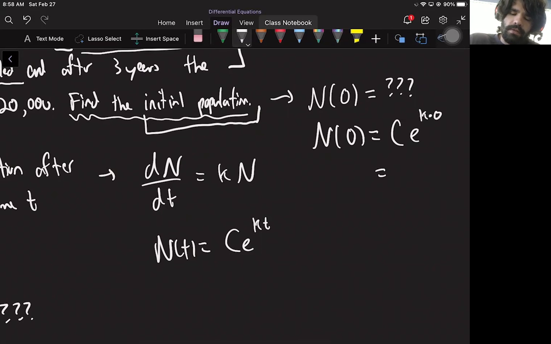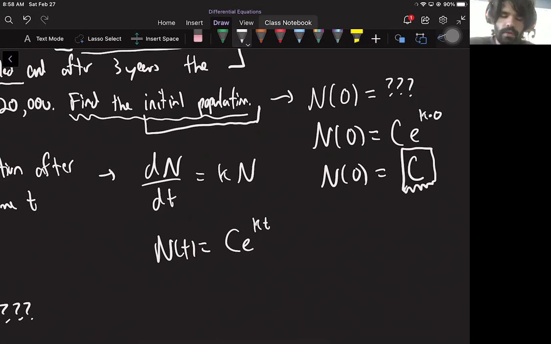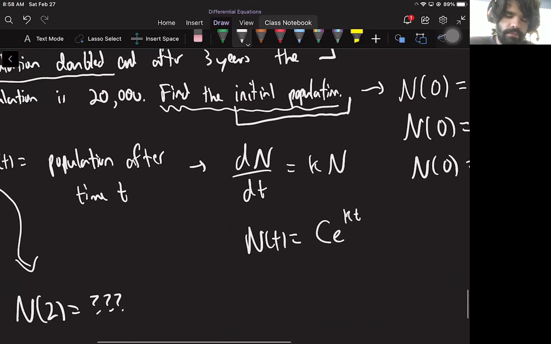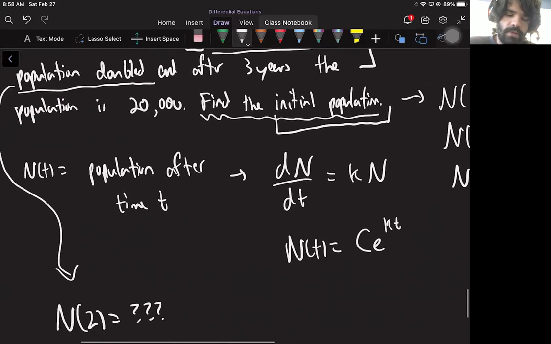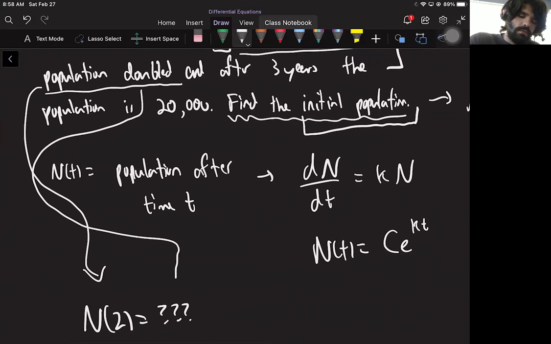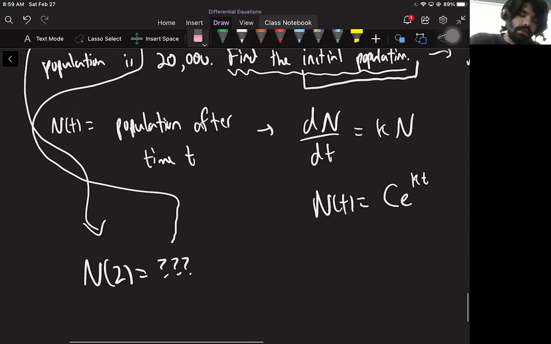I can get that n of 0 is just c. So really what I'm looking for when I say find the initial population is I'm trying to find c. And then what I could say is, oh, double the initial population, that would just be 2 times c.